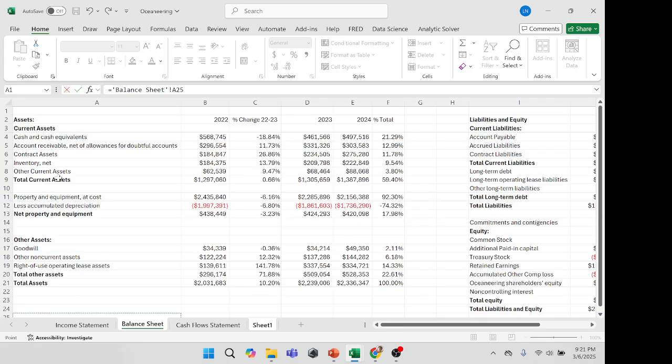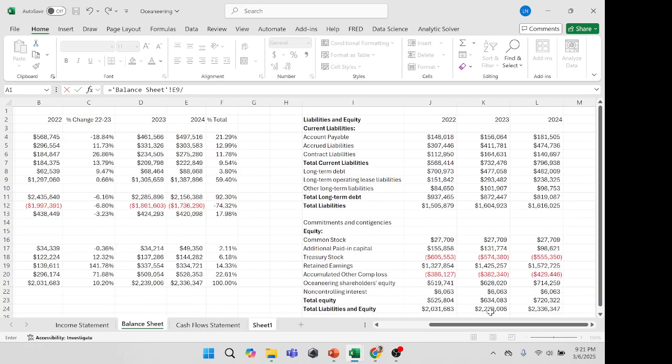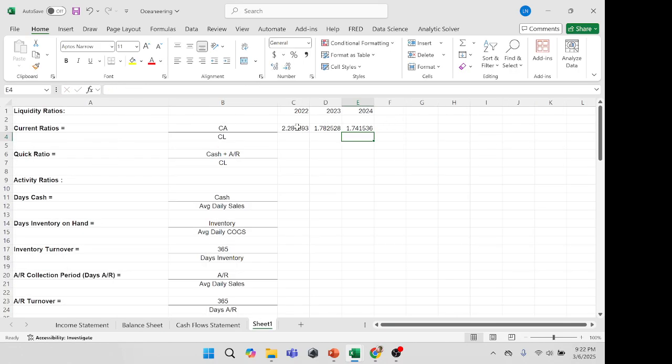Balance sheet, total current asset divided by, I hit the divide already here, y'all. 2024, not total liability, it has to be up here, total current liability, right? And then you see it's going down over time. So is it a good thing or a bad thing, right?